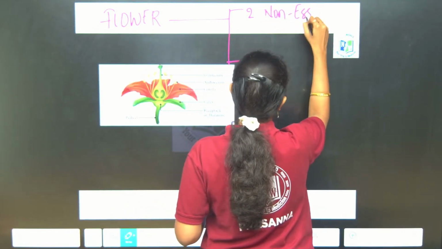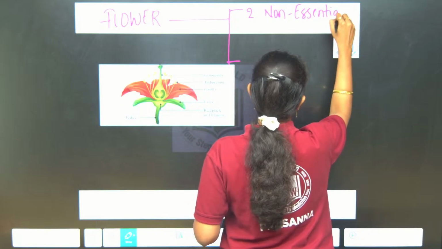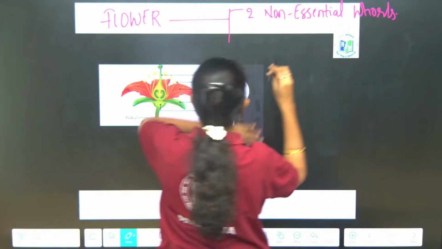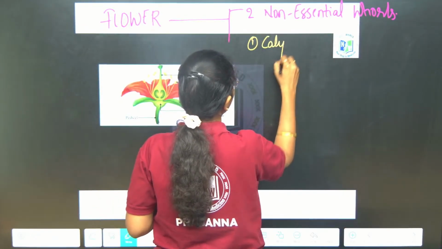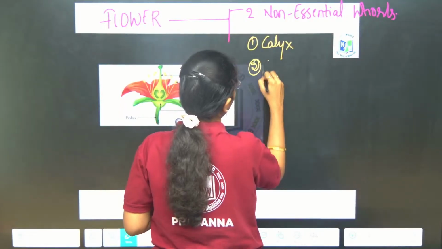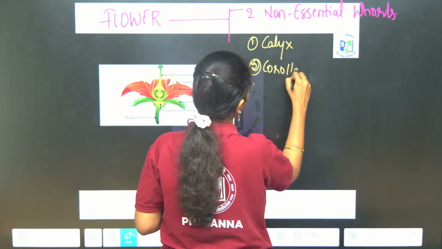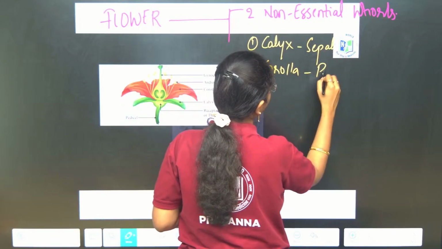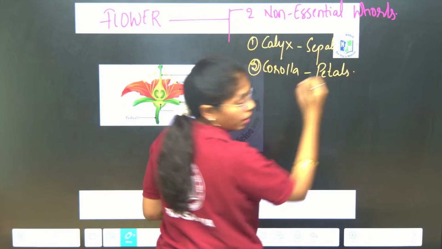Non-essential whorls include what, beta? Non-essential whorls include calyx and corolla, right? Calyx consists of sepals, corolla consists of petals, right, ma?